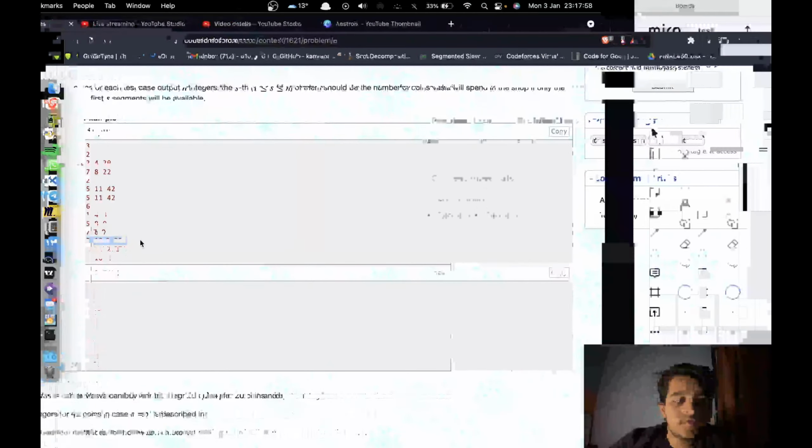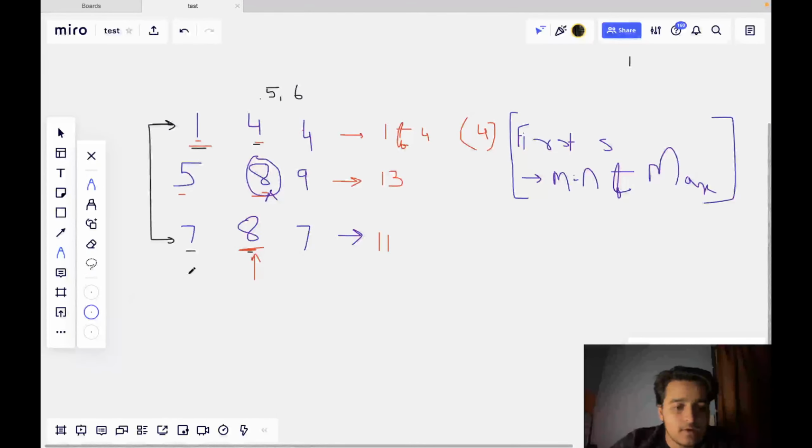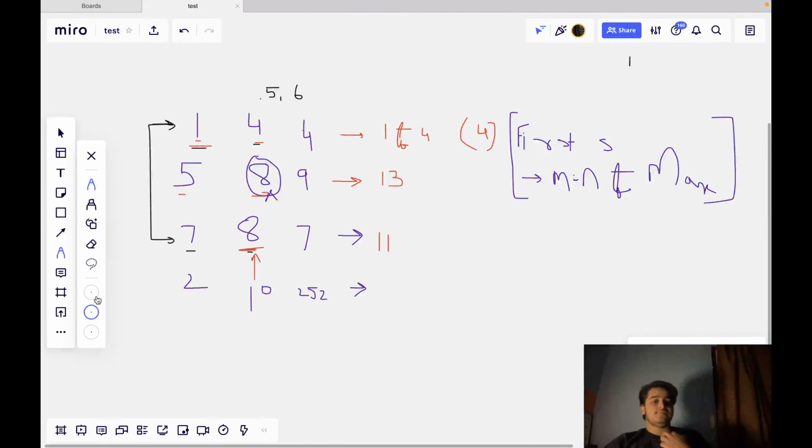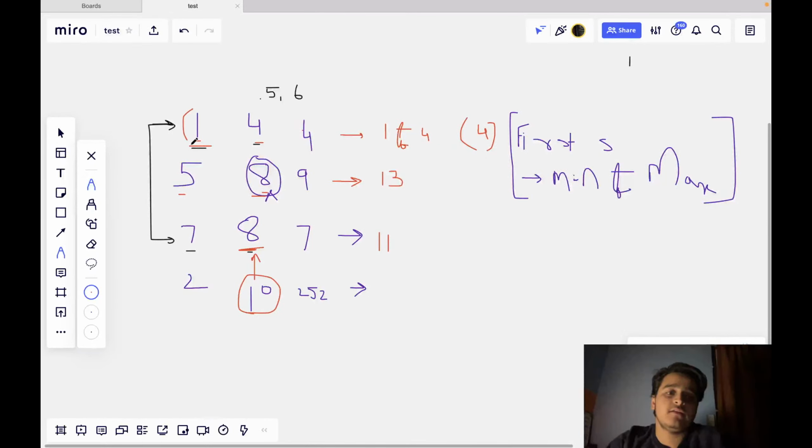Now the fourth, 2 to 10, costing 252 coins if I have to buy this segment. What is the maximum till now? The maximum has now changed to 10 and the minimum is still 1.